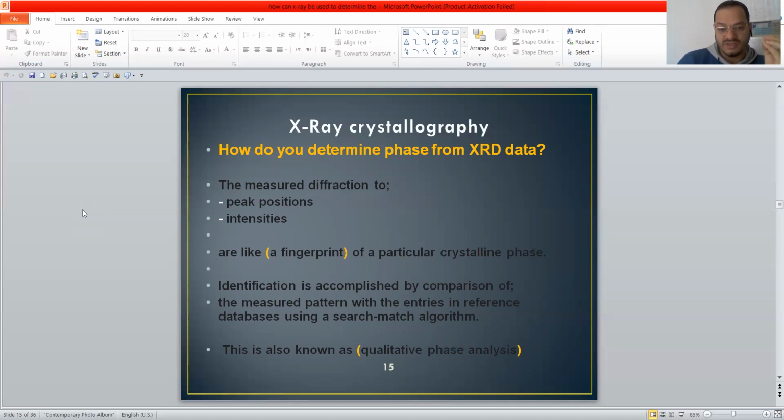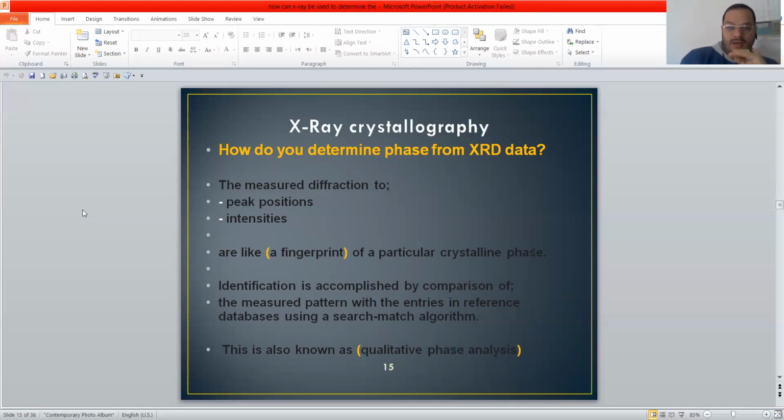The most important things in this slide: in qualitative phase analysis, when we determine the phase by using X-ray diffraction, we focus on the peak positions and the intensities, because they are like a printing to us. When we focus on all of these, we will know the particular crystalline phase.